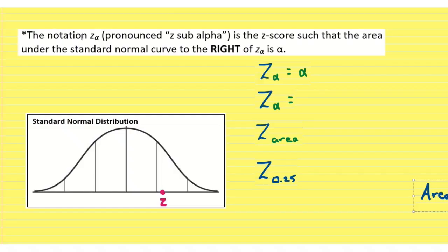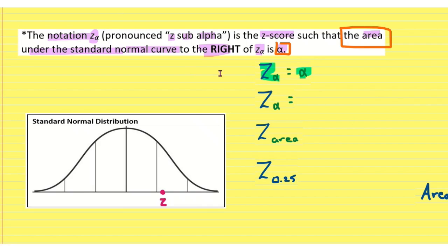This next item is about notation. It says the notation z sub alpha is the z-score such that the area under the standard normal curve to the right of z sub alpha is alpha. Okay, so let's think about this. It's telling us that z sub alpha is a z-score, but it's also telling us that the area to the right is alpha.